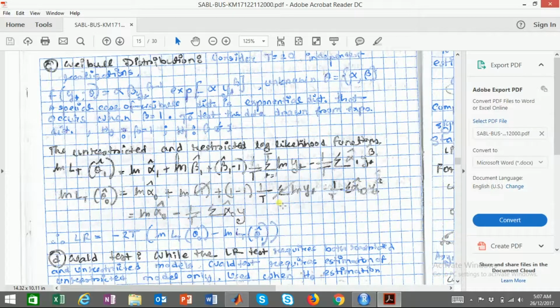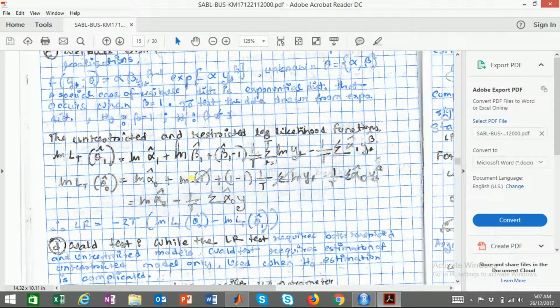The unrestricted and restricted log likelihood functions are given as this: log alpha hat plus log beta hat. We are just taking the logarithm of the Weibull distribution. First the unrestricted, where nothing is changed. Now in the restricted case, instead of beta we use our hypothesized value 1. So we are restricting; we are cutting off beta, because log 1 equals 0.